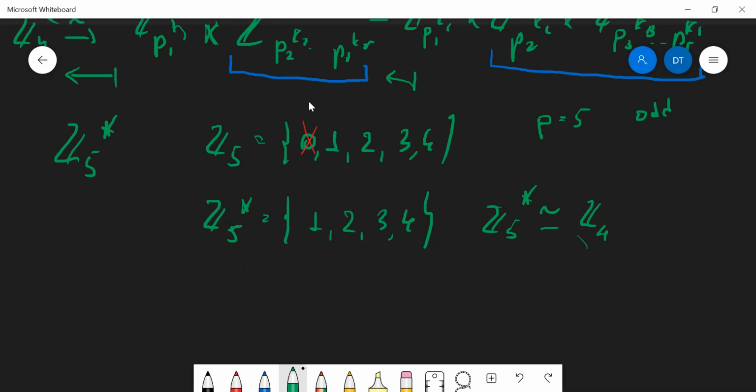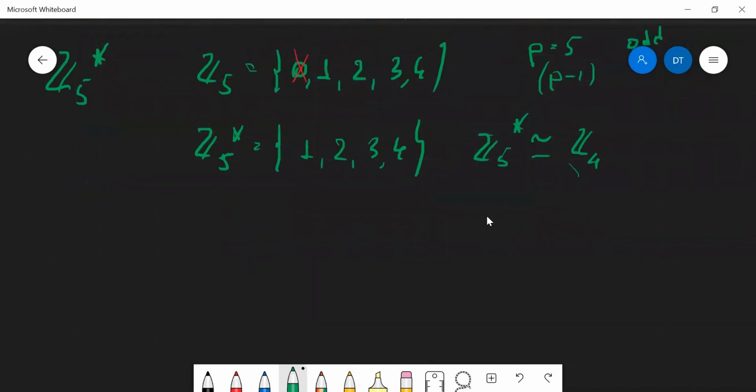The order of the cyclic group is the number of elements here, which is 4. And by the general formula, it's p minus 1. Well, you must multiply it by p to the k minus 1, but k is 1 here. So this is the only factor. So this is the order of the group. So how do we find all the generators?